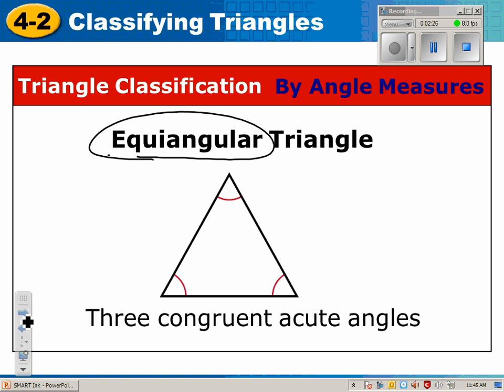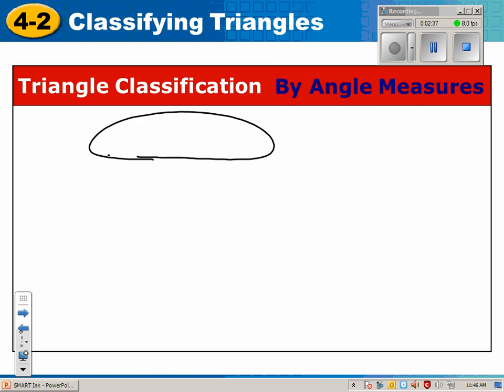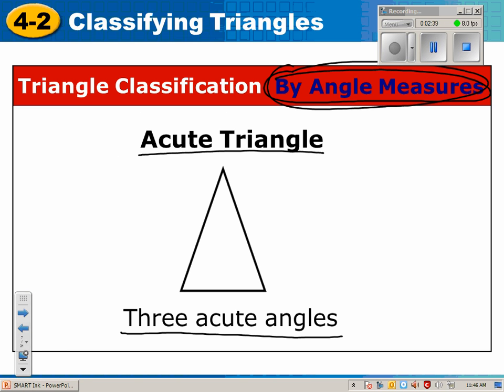This is the one that some students get confused on, because look at all 3 angles. If they're all 3 congruent, it's equiangular. But we just said that if it was acute, it has 3 acute angles. What does it mean to be acute? Less than 90, so that means they're all going to be less than 90 degrees.